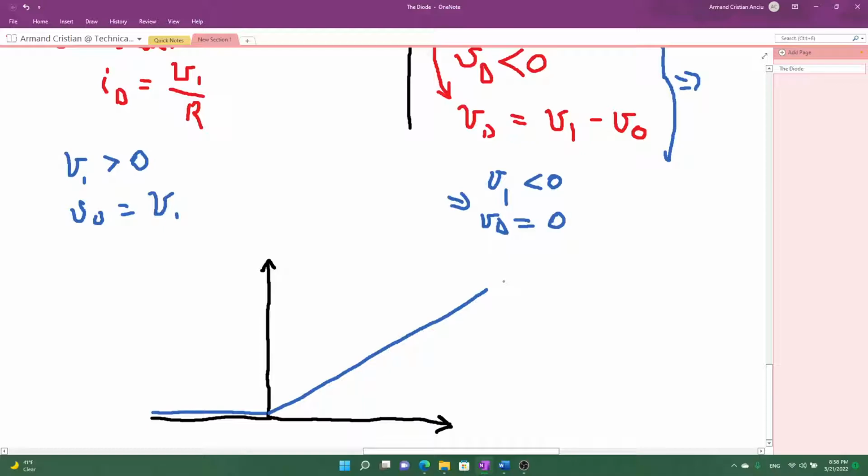And this is as a point of reference between the input and the output voltage. So you can say here that VO is on the x-axis and VI is on the y-axis. This is VO, by the way, it's not VD.